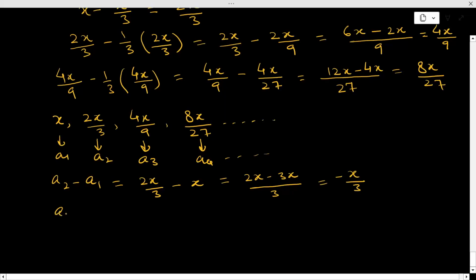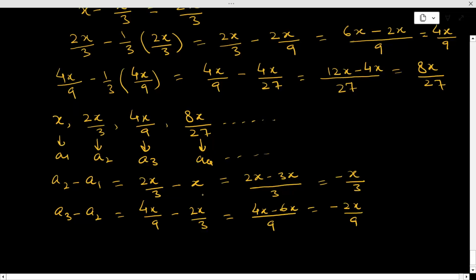Next we are having A3 minus A2, so A3 is 4X by 9 minus 2X by 3. Taking the LCM as 9, it is 4X minus 6X, so it is coming out as minus 2X by 9.